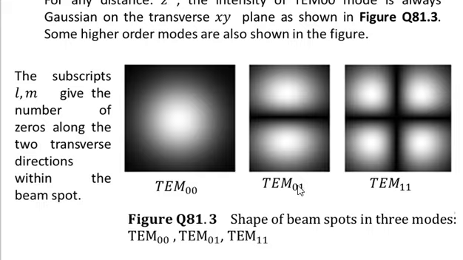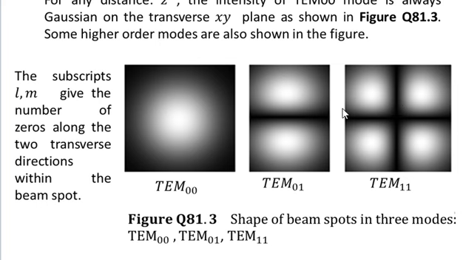If you move from left to right there is no zero, so we have 0 over here, and in the subscript you have 1. If you move from bottom to top, you will see a zero between the two lobes. And on the right hand side you will see the TEM11 mode.